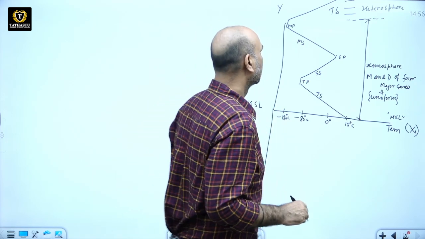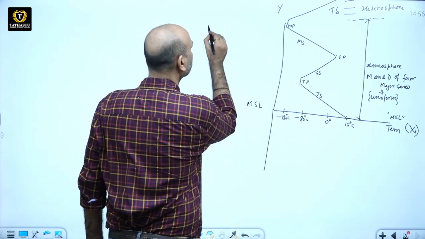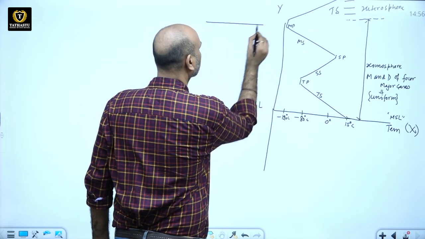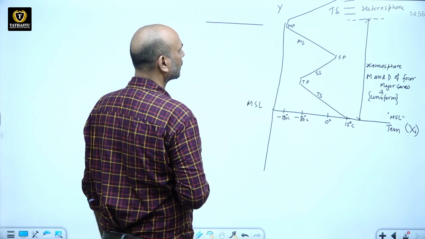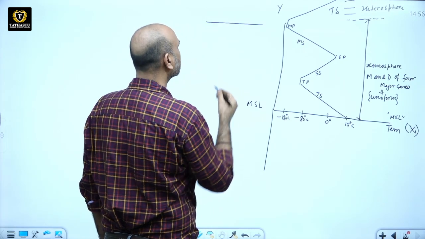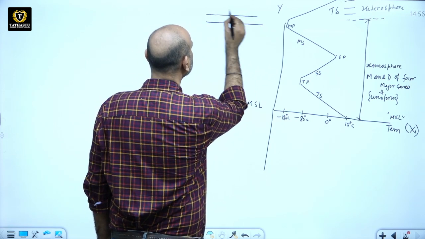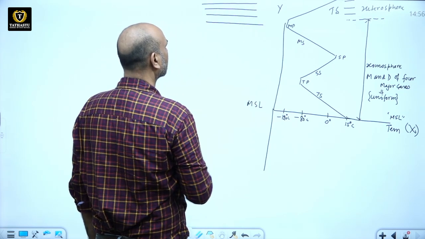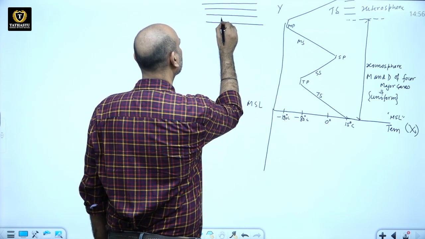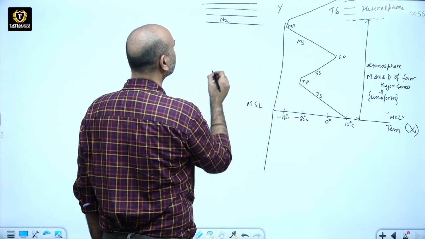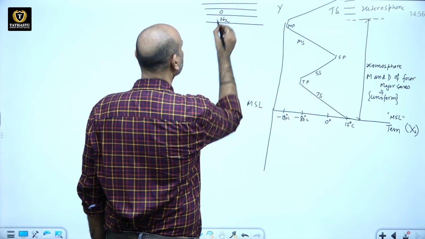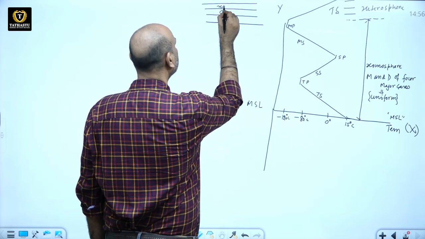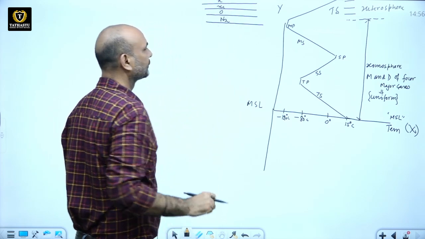And the heterosphere, the thermosphere, is classified into these layers: nitrogen layer, then oxygen layer, then helium layer and hydrogen layer.